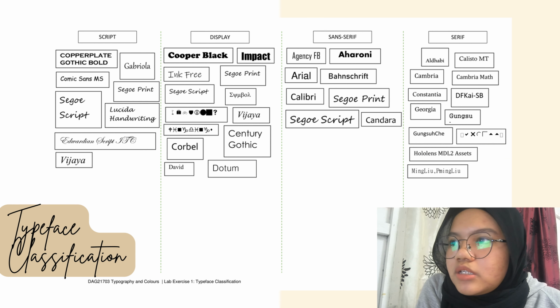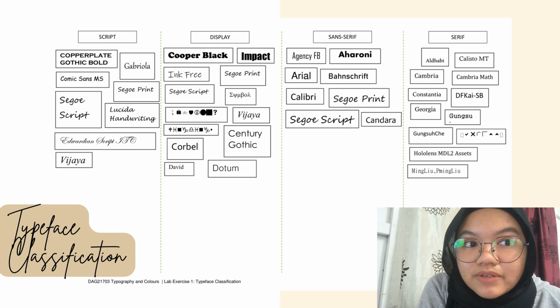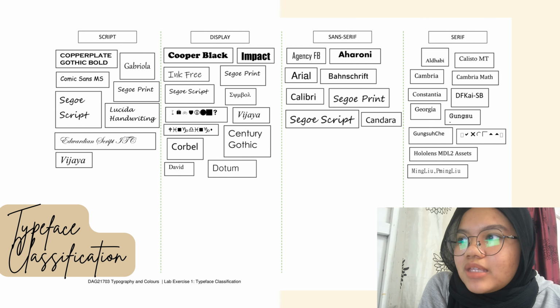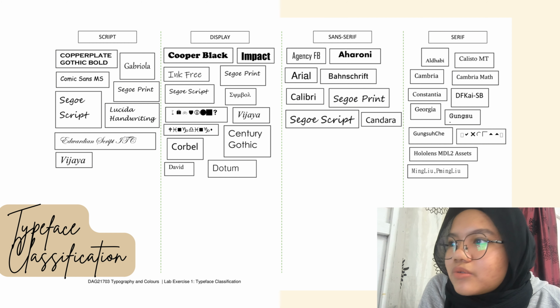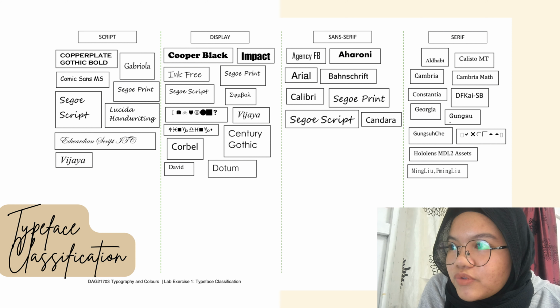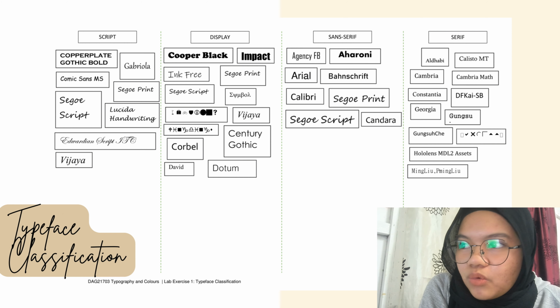Page 4 is the typeface classifications, which are script, display, sans serif, and serif. In the script part, we can see the Copperplate Gothic Bold font, Gabriola, Comic Sans MS, Segoe Print, Segoe Script, Lucida Handwriting, and many more.